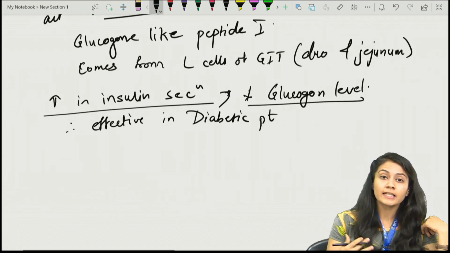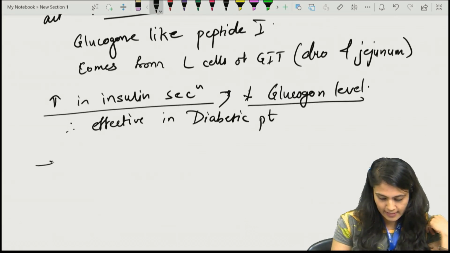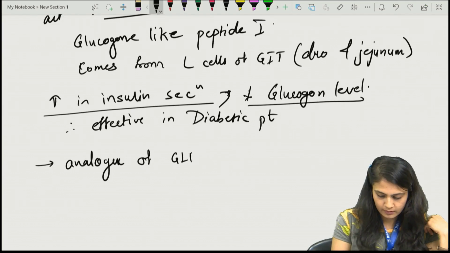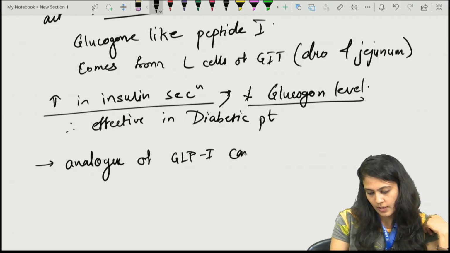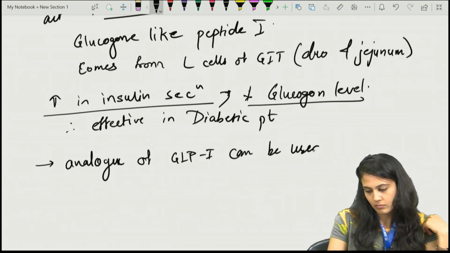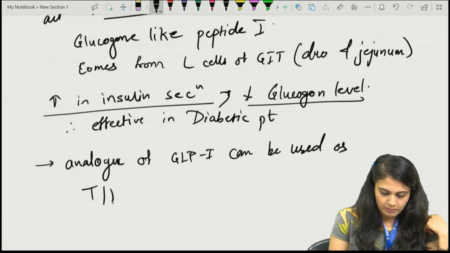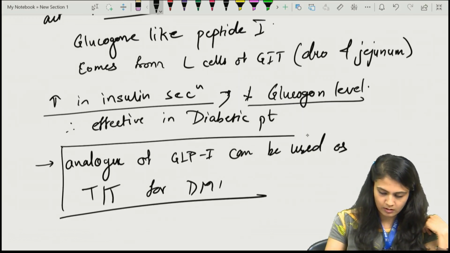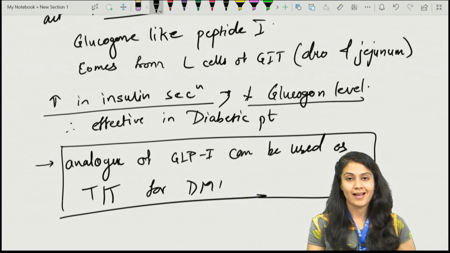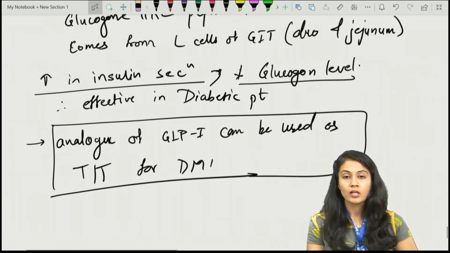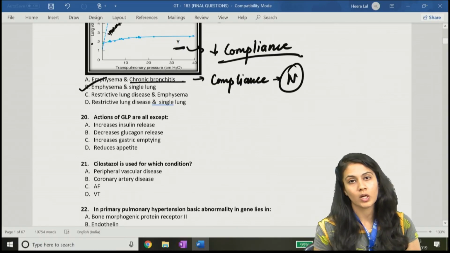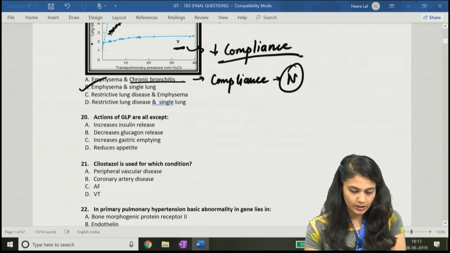An analog of GLP-1 can be used as treatment for diabetes mellitus. This question was asked in the NEET exam in 2012. So yes, we can use GLP-1 analogs as diabetic treatment.